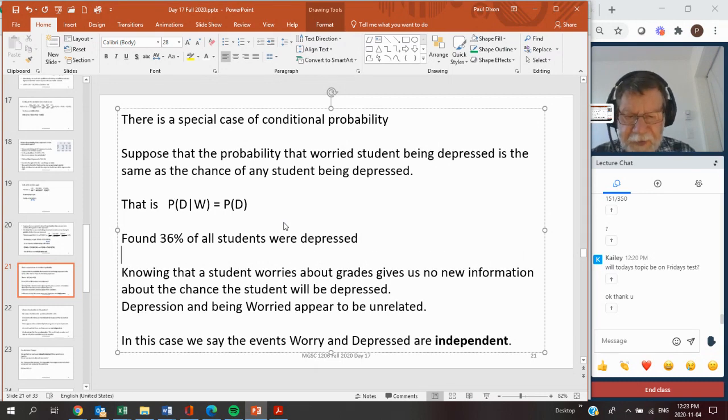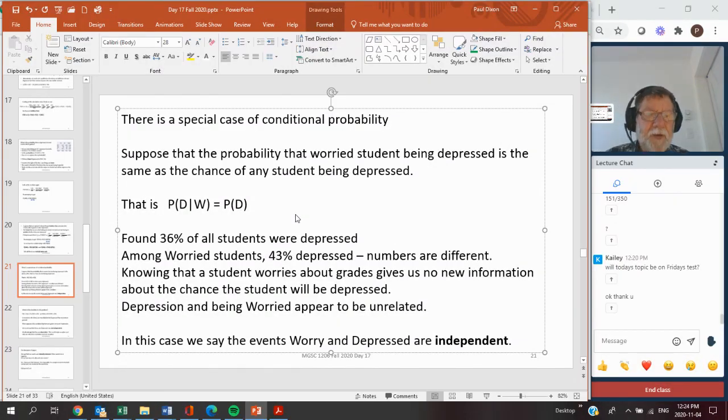But we found that among worried students, 43% are depressed. Okay. Numbers are different. So worried students are different from students in general. They're not exactly the same.